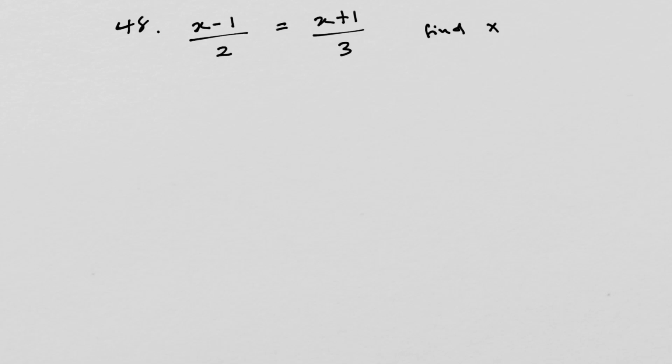Question 48. Solve for x in x minus 1 over 2 equals x plus 1 over 3. For questions like this, you want to remove the fraction by cross multiplying. We will have 3 times x minus 1 equals 2 times x plus 1.